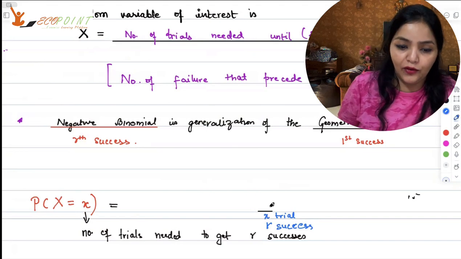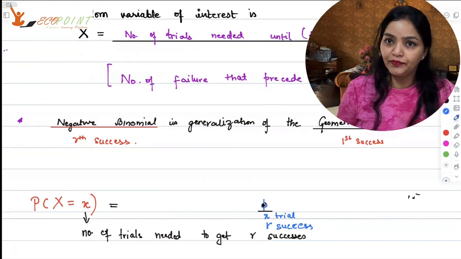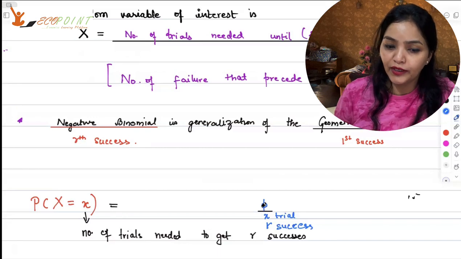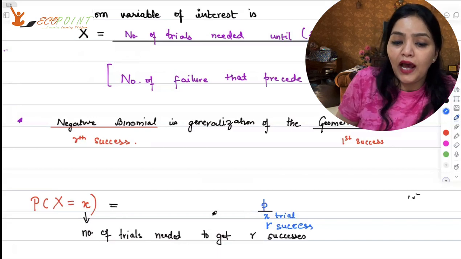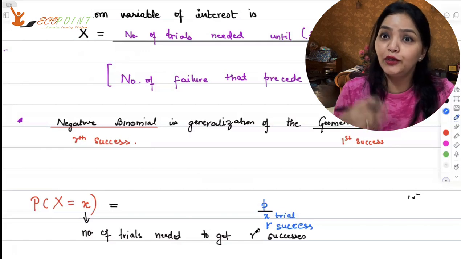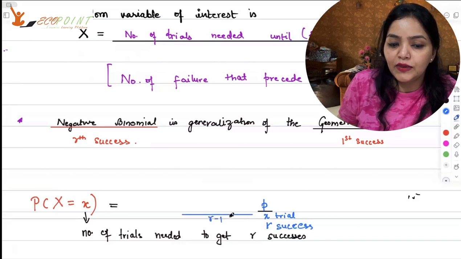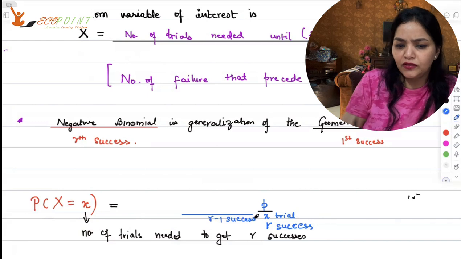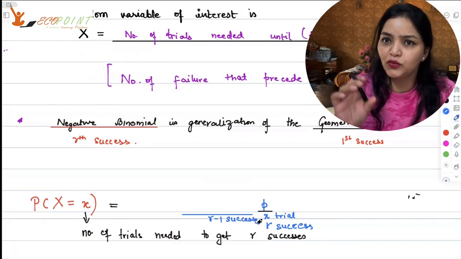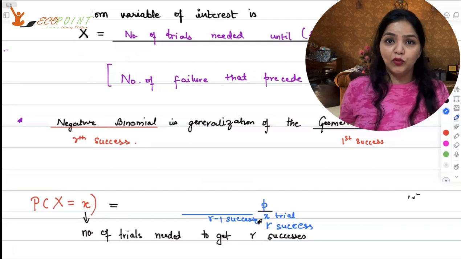Now, the rth success comes with probability, say P, as we wrote in the assumptions. Now, prior to the rth success, I need R minus 1 more successes anywhere, right? Because I first spoke about the rth success. That's just one success out of the total R. So I need R-1 more successes.